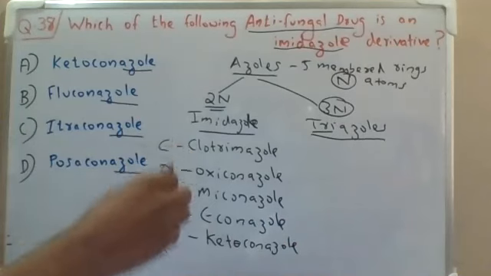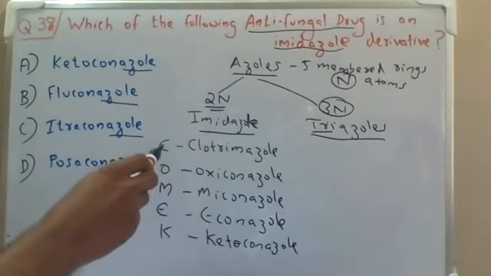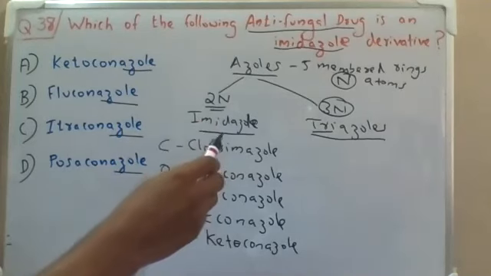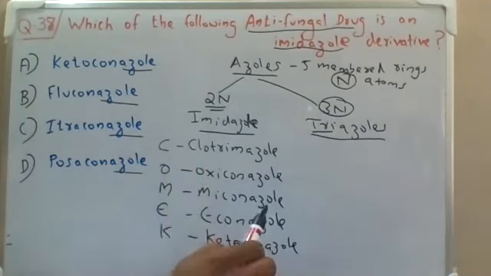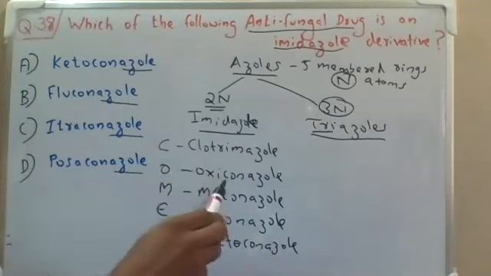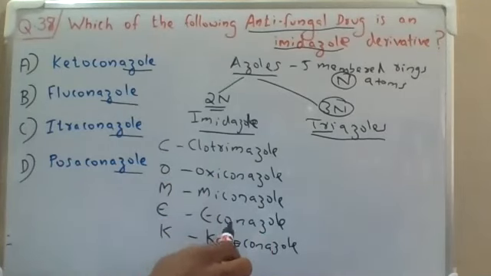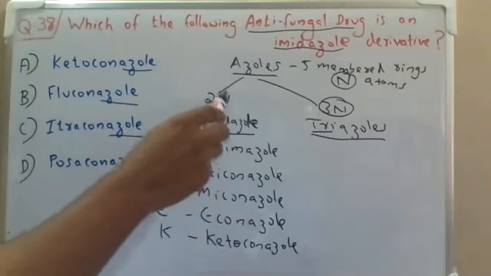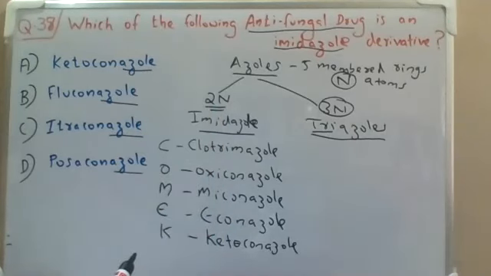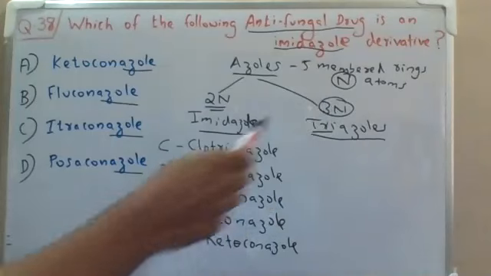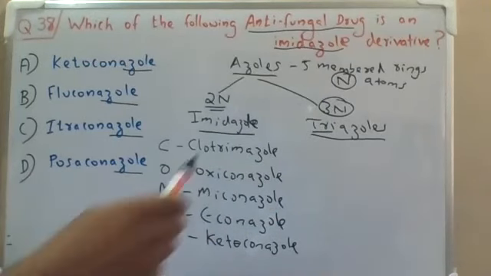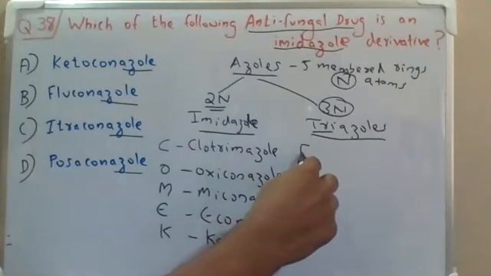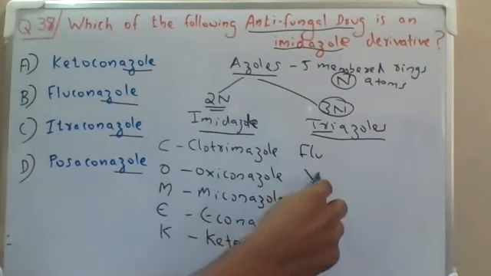Remember this COM-EK mnemonic; these drugs belong to the imidazole derivatives, contain 2 nitrogen atoms at alternative positions, and are extensively used as antifungal drugs. Whereas the triazoles, which contain 3 nitrogen atoms, you can remember from this mnemonic: flu VIP.